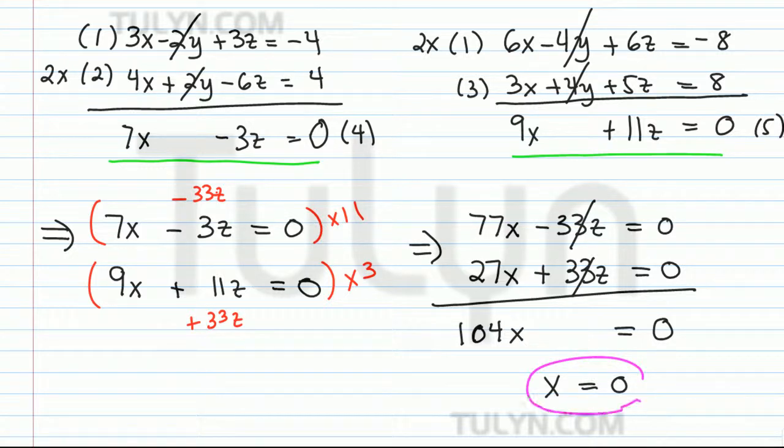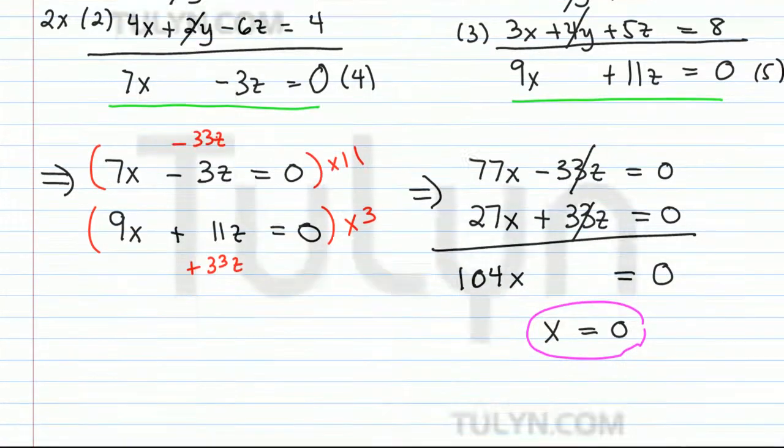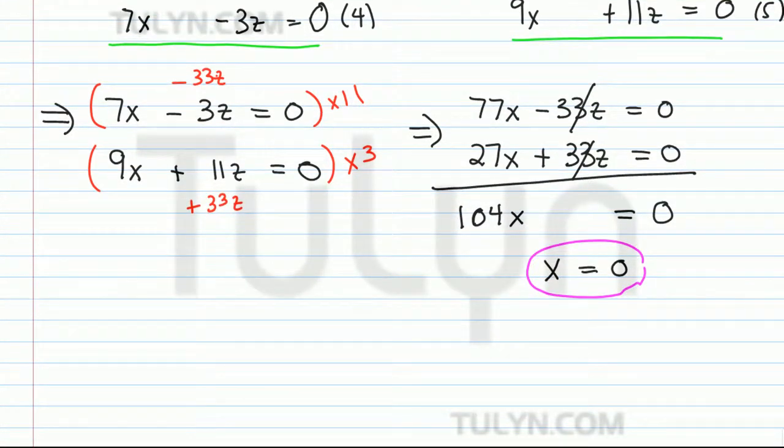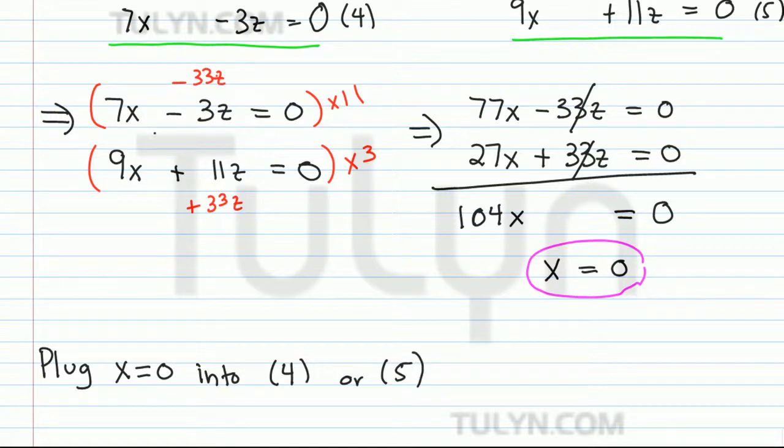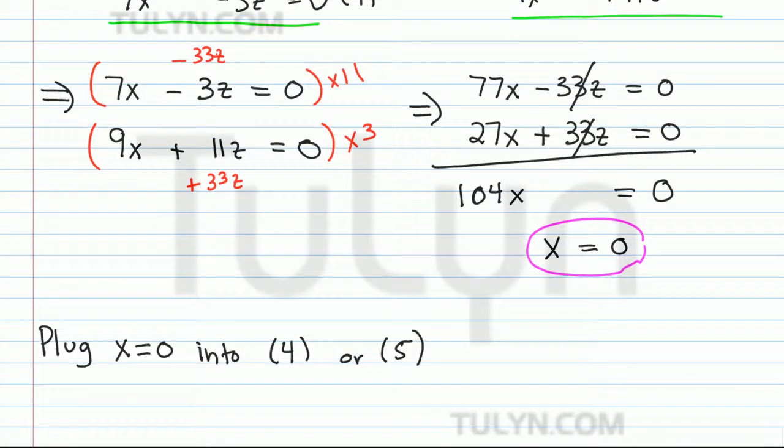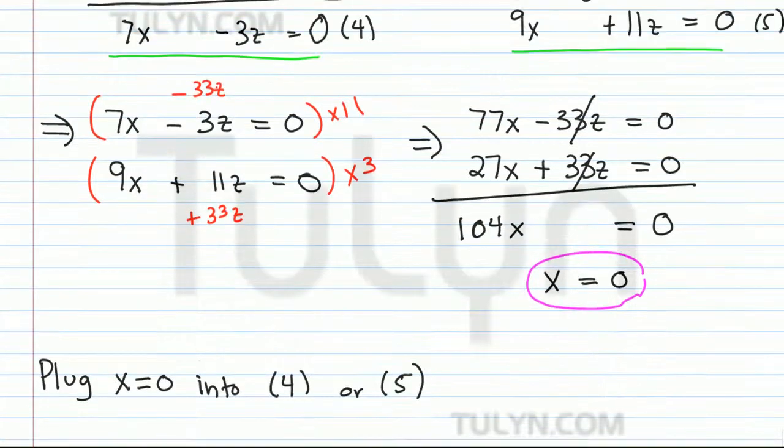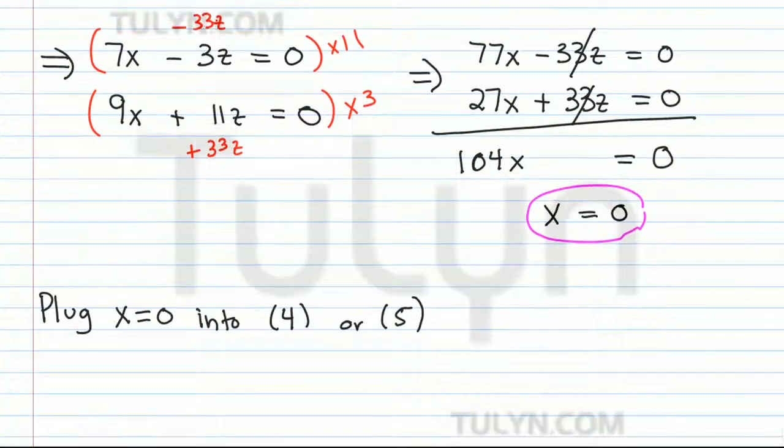So now we have the solution for our x. But we still need to solve for y and z. The first thing we should do is solve for z. We can do this by plugging x is equal to 0 into equation 4 or 5. Equation 4 might be easier because the coefficients are smaller.